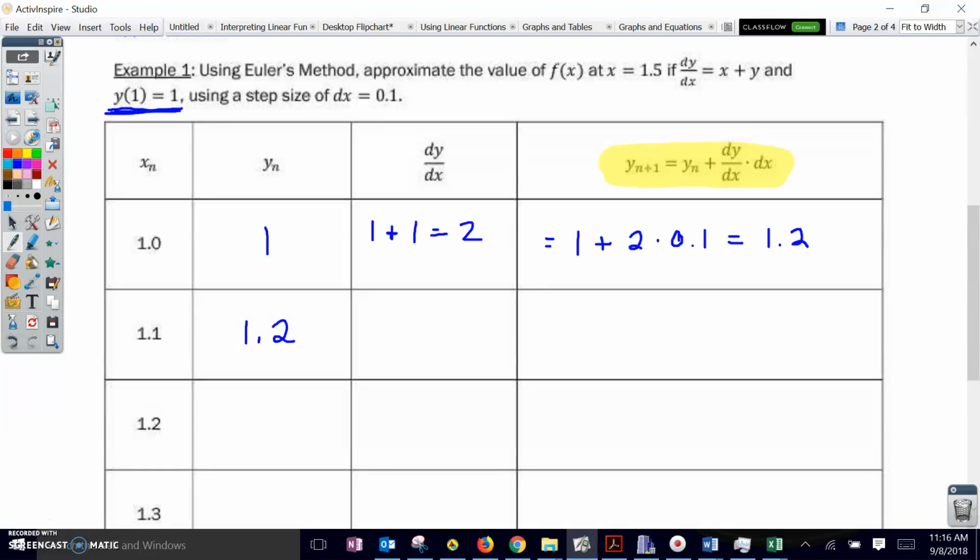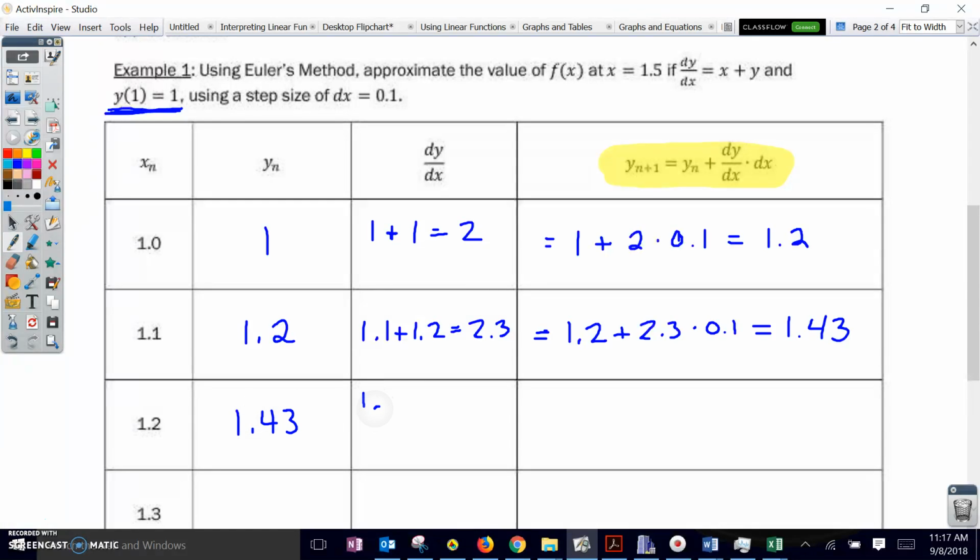So I go to my dy dx. I've got 1.1 plus 1.2 gives me 2.3 for my approximated value of dy dx at that moment in time. And so I've got my current y plus dy dx times dx. It's going to give me 1.43, which I'll drop down, and that'll be my next y.